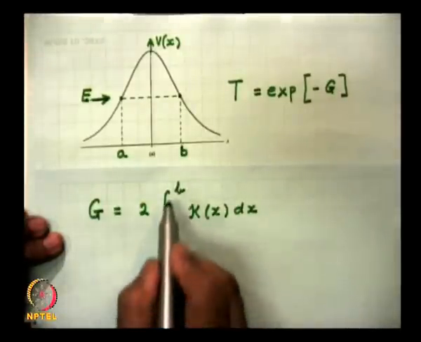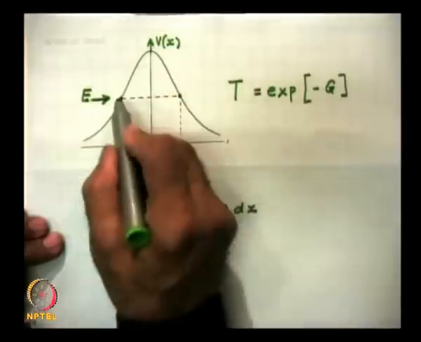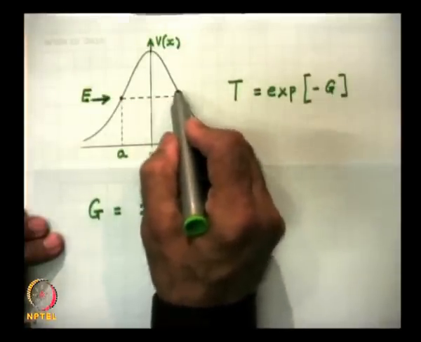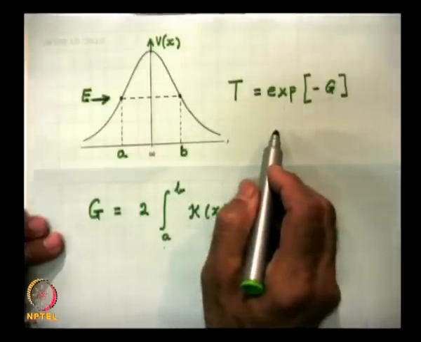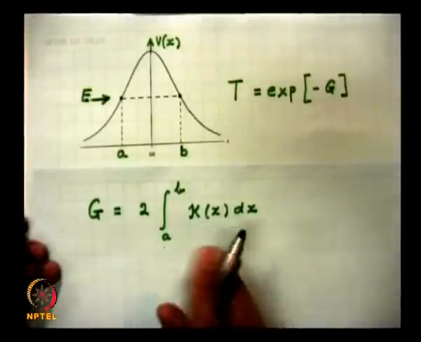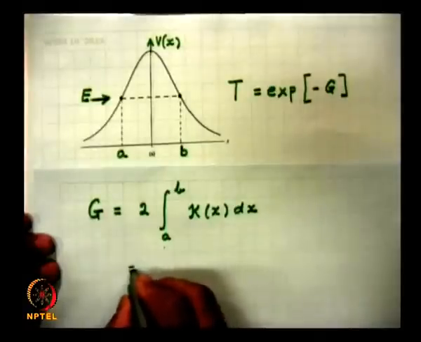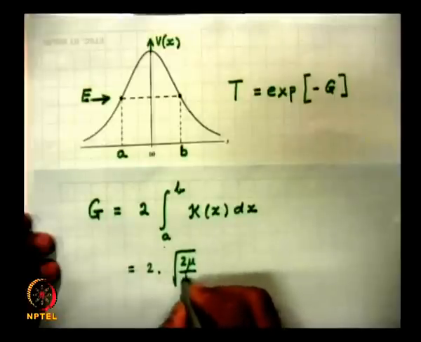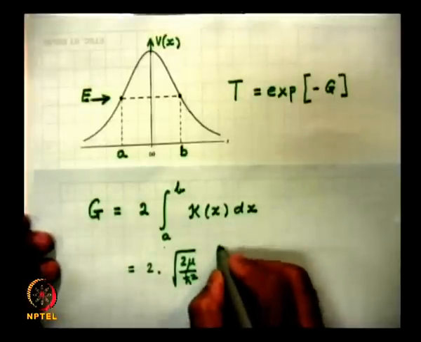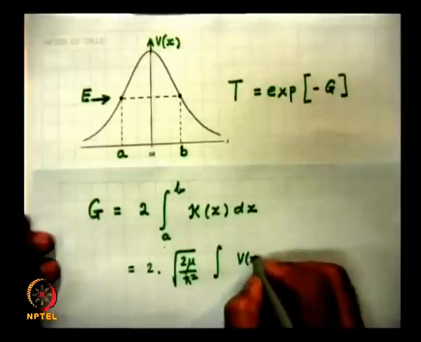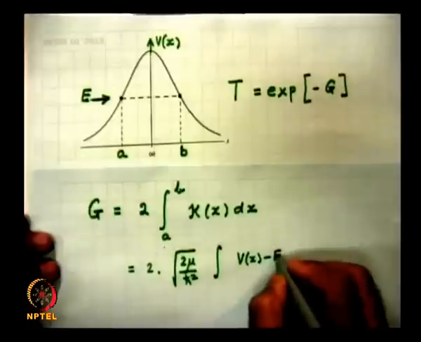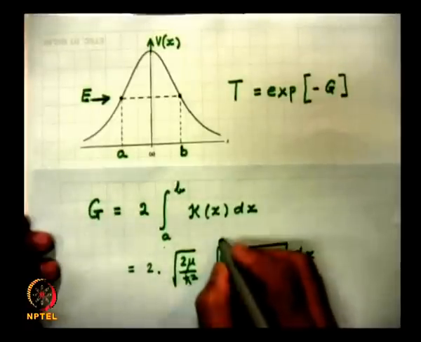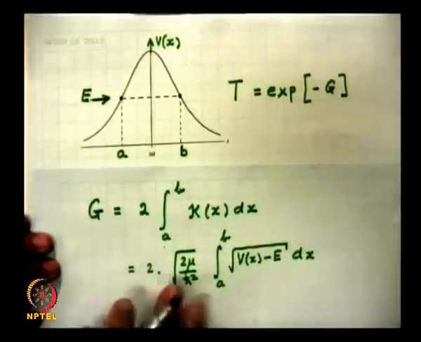In the region A to B, the potential energy is greater than the total energy. So, it is a classically forbidden region, and therefore the expression for kappa is equal to under root of 2 mu by h cross square times the integral of under root V of x minus E multiplied by dx, and the integral is taken from one turning point to the other.